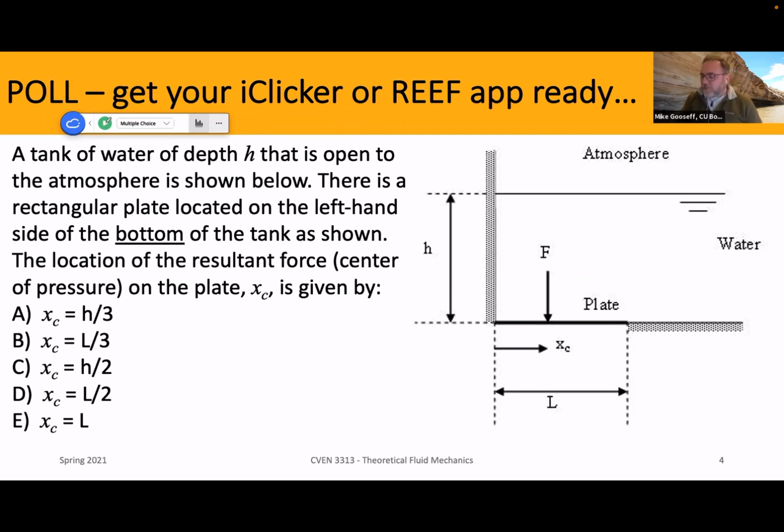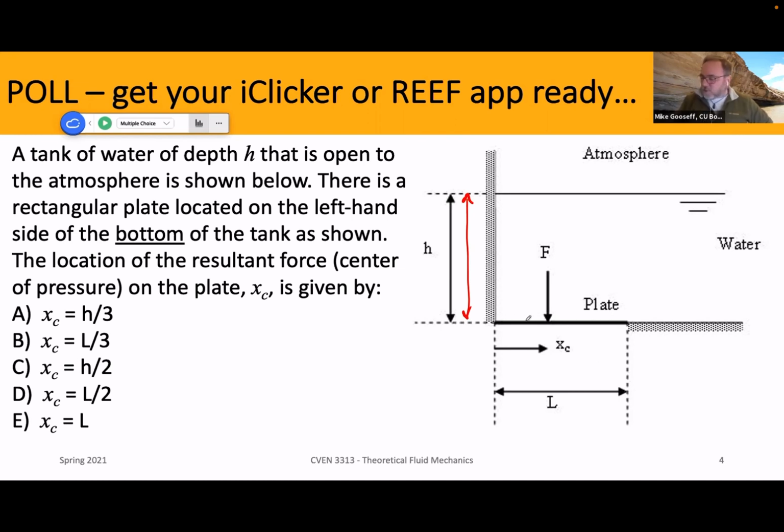The location of the resultant pressure force, or the center of pressure, on the plate, X sub C, is given by which of these five equations, where all of them are related to H or L, okay? H is the height of water that happens to be the current stage inside of this tank, and L, in this case, is the length of this plate that we care about.